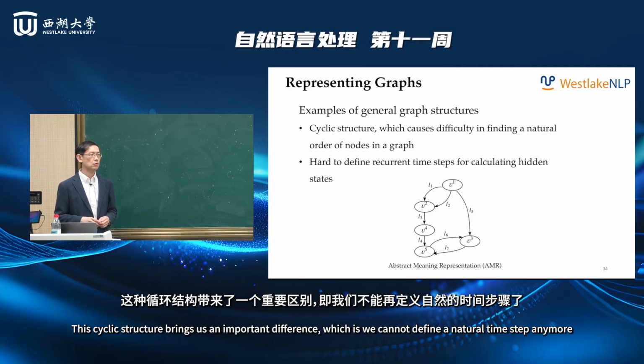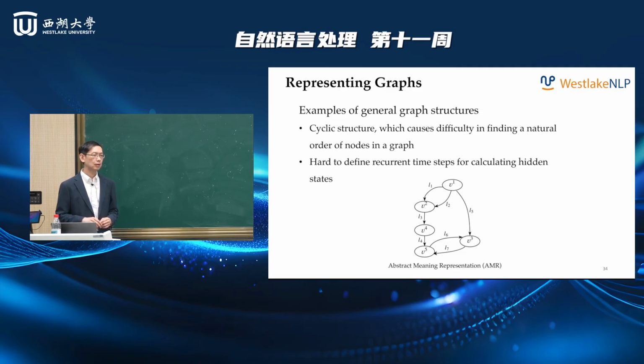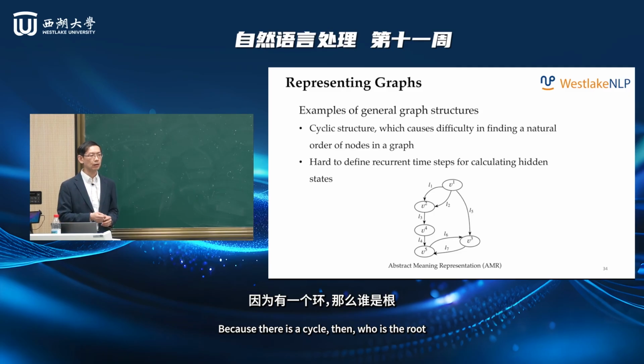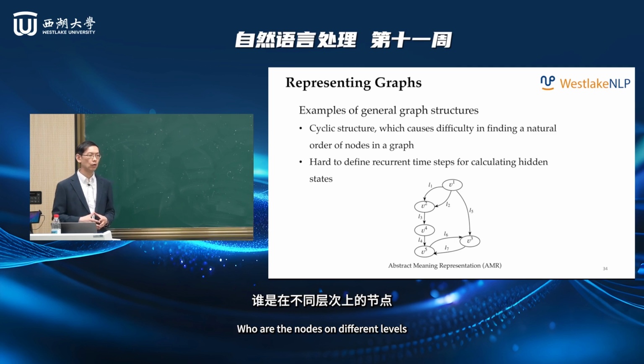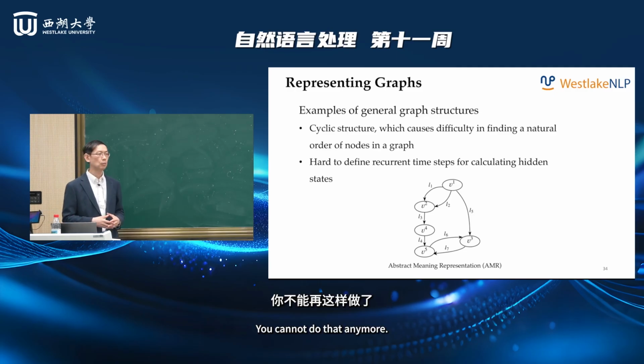This cyclic structure brings an important difference: we cannot define a natural time step anymore. Because there is a cycle, who is the root? Who are the nodes on different levels? You cannot do that anymore.